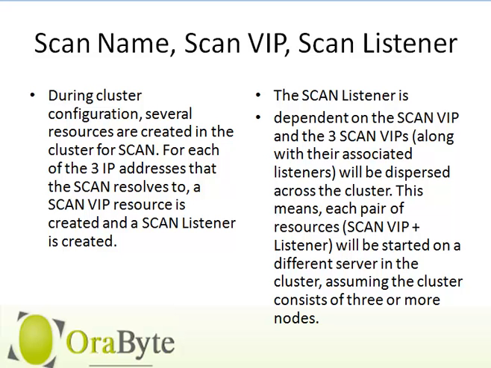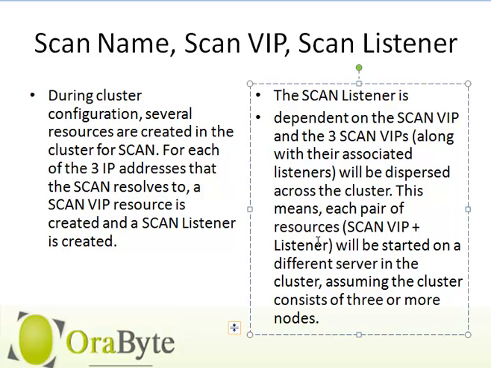If you have a 2 node cluster and you must have 3 scan IPs, scan IP1 will go with scan listener 1. Scan IP2 will go with scan listener 2. Scan IP3 will go with scan listener 3. If you have a 2 node cluster, one node will have 2 scan VIP listener combinations, and the second node will have only 1.